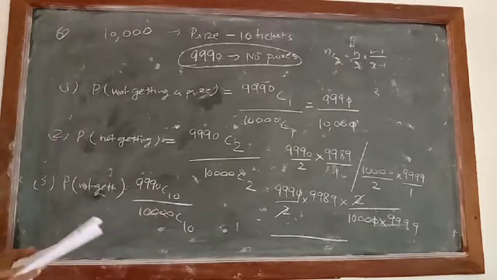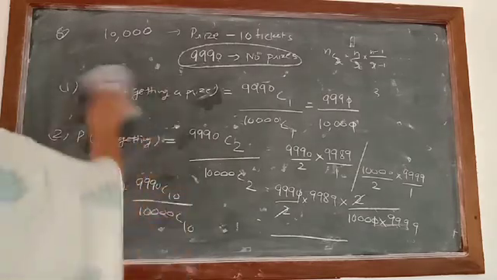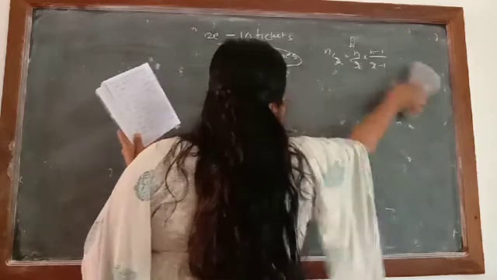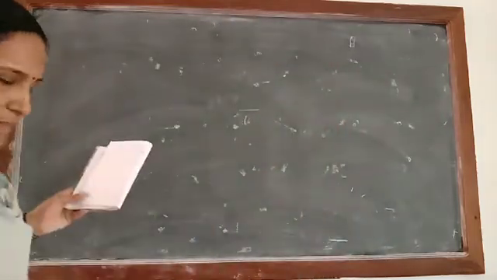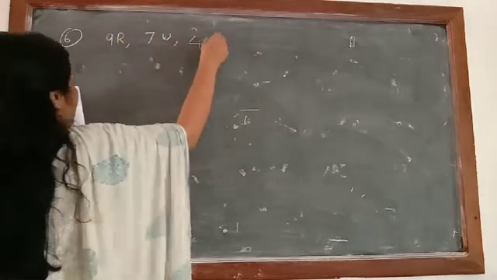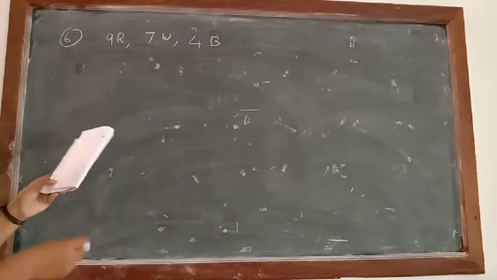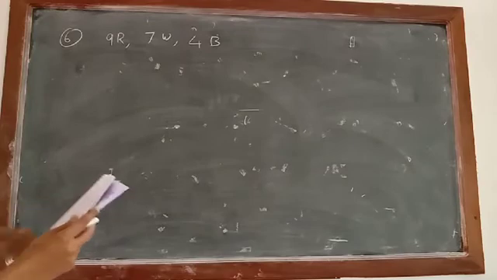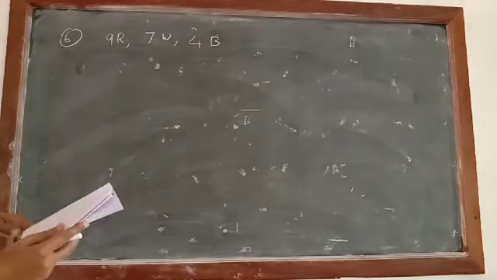Okay. Now the next question. In question number 6, it is written: a box contains 9 red balls, 7 white balls and 4 black balls. If 2 balls are drawn at random, find the probability that, first condition, both are red.